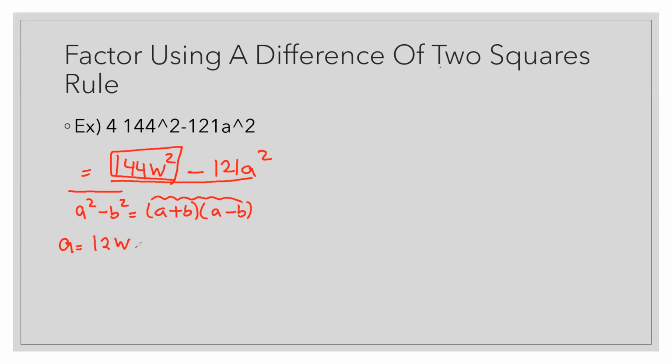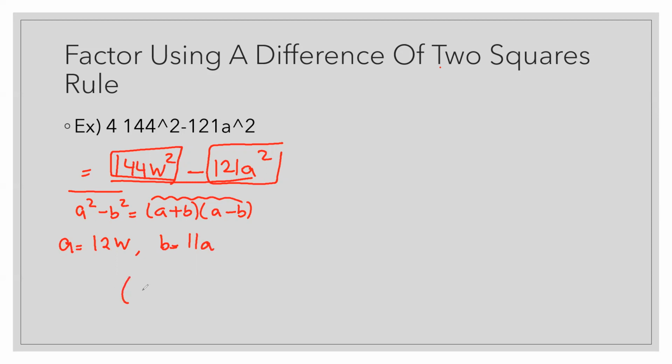W. Good. And then the b is related to the second term. So 121. What number when squared gives you 121? 11. And then a squared. What letter when squared gives you a squared? A.